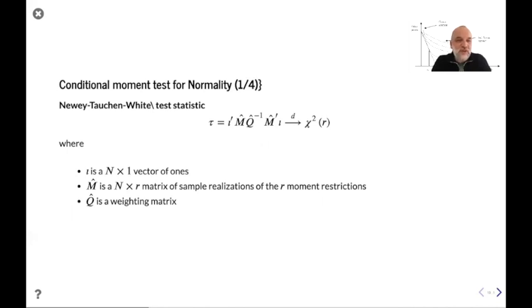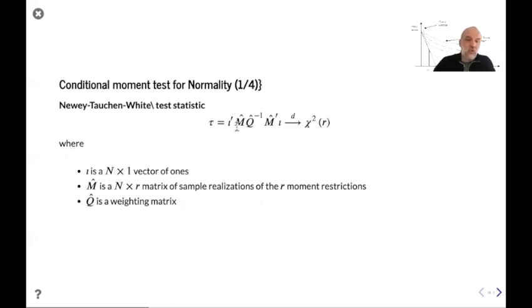So here is the Newey-Tauchen-White test statistic. Basically, it's a quadratic sum of some moment restrictions, weighted by some variance matrix. If those restrictions are true under the null, this is going to be chi-square distributed with r degrees of freedom, equal to the number of moment restrictions you are making.